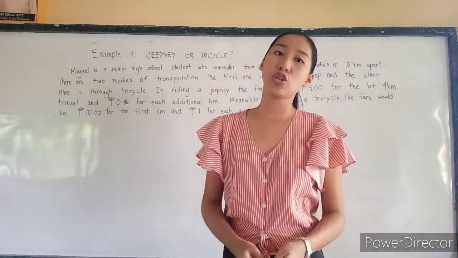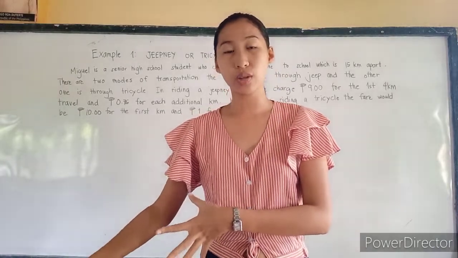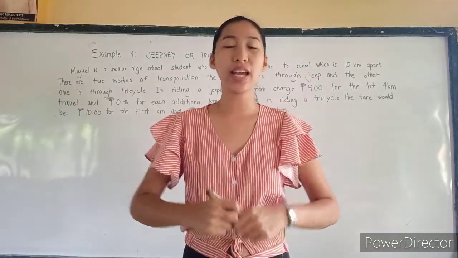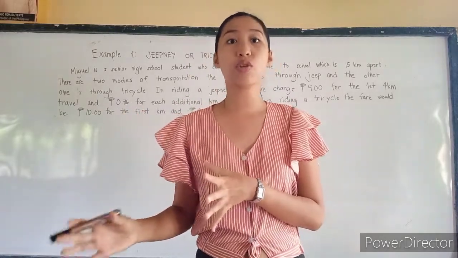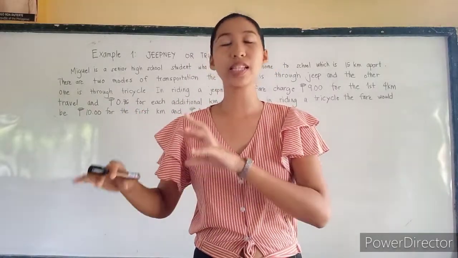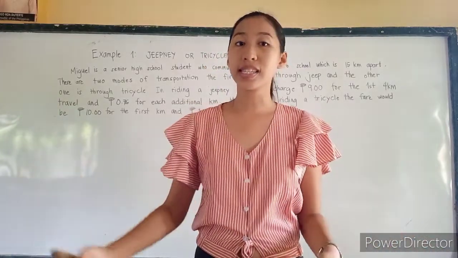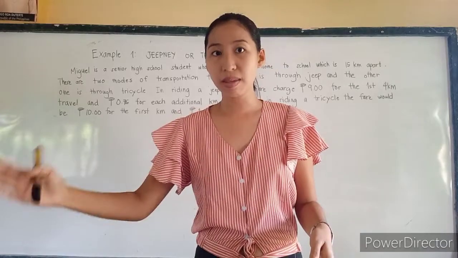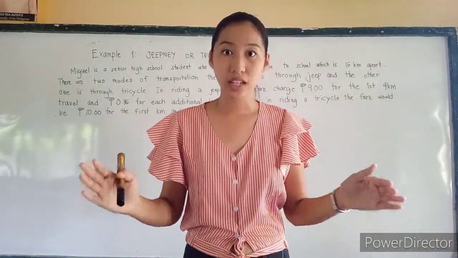So from this situation, we can see that there is this student named Miguel. And si Miguel, ang iyahang ginabuhat everyday is nag-commute siya gikan sa iyahang balay padulong sa iyahang eskwelahan. So ang distance gikan sa balay ni Miguel padulong sa iyahang eskwelahan is 15 kilometers.